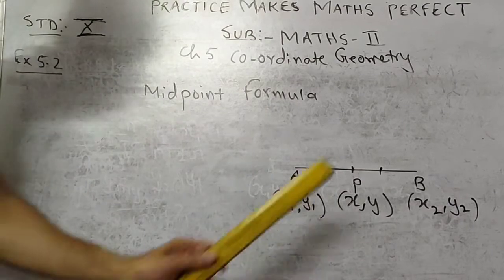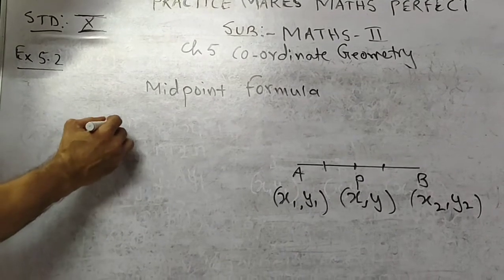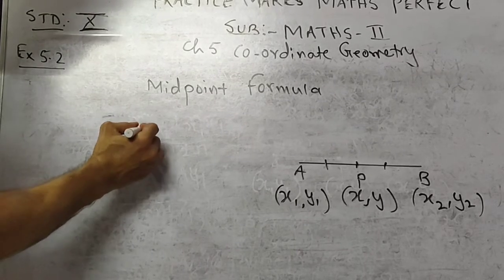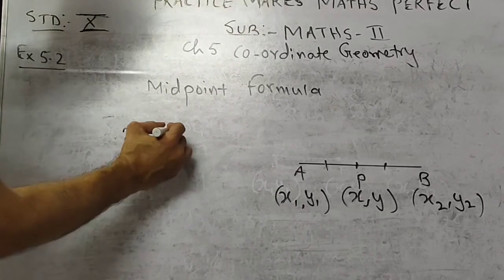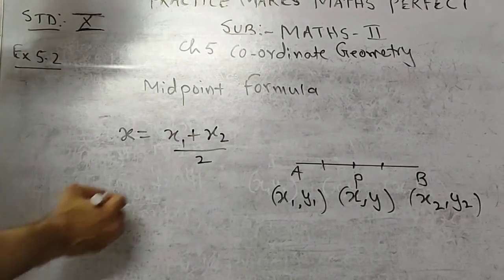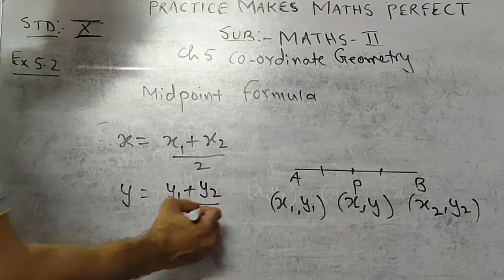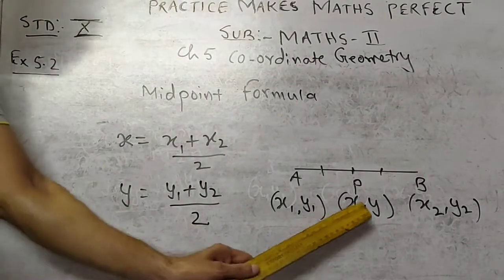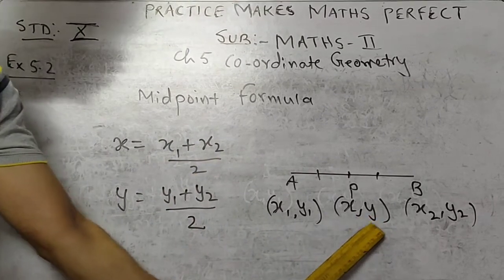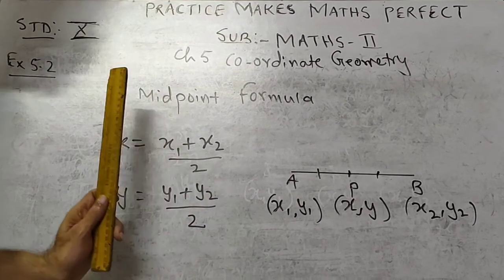Now to find the coordinate of x, your formula is x is equal to x1 plus x2 upon 2. And for y, y is equal to y1 plus y2 upon 2. To find out x, you will use x1 plus x2 upon 2, and to find out y, you will use y1 plus y2 upon 2. So this is called midpoint formula.